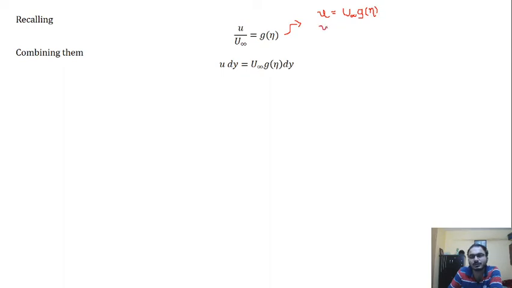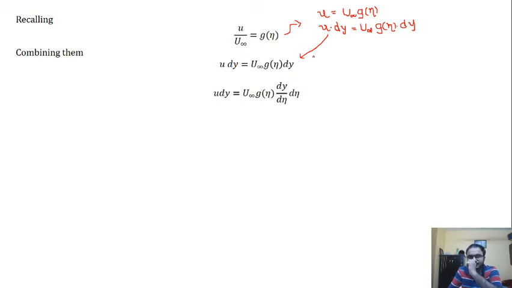So what we have done, we have simply multiplied with dy on both sides. That's the same thing over here, so nothing new is there.